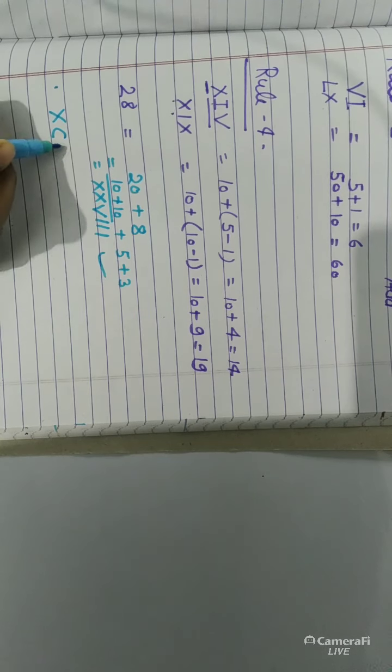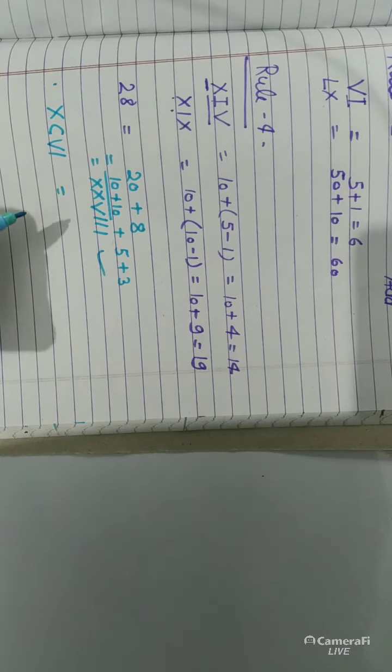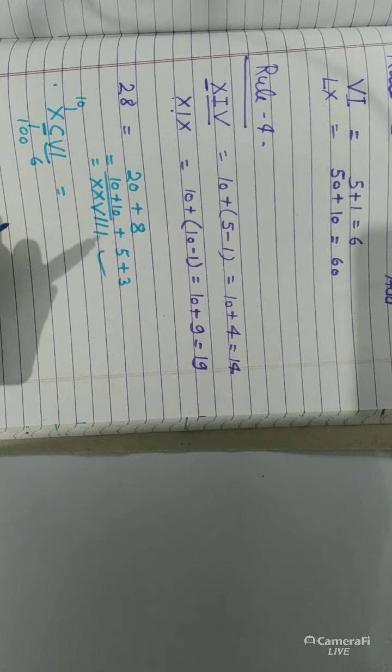Children, another example. If you are given X C V. Sorry, C is the symbol of 100, X is the symbol of 10, and V I is 6; 5 plus 1 is 6. Then what will you do?